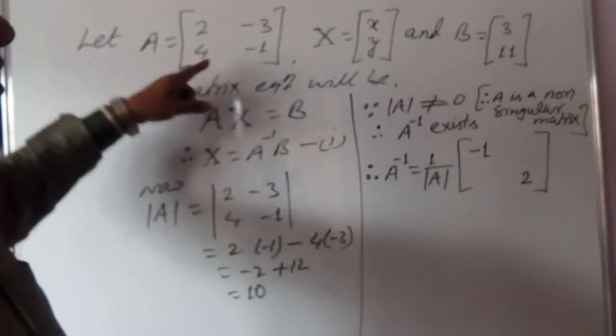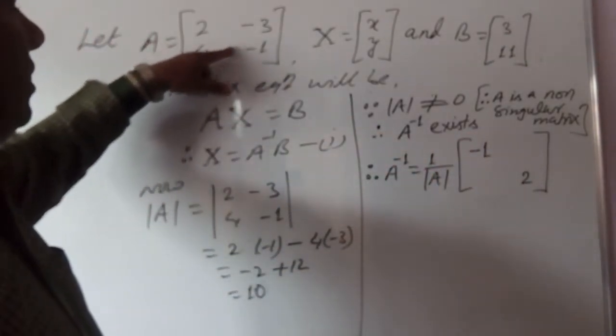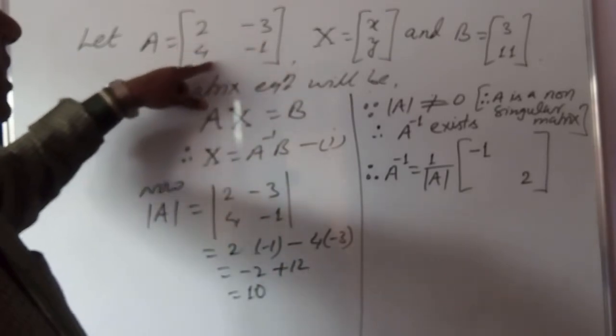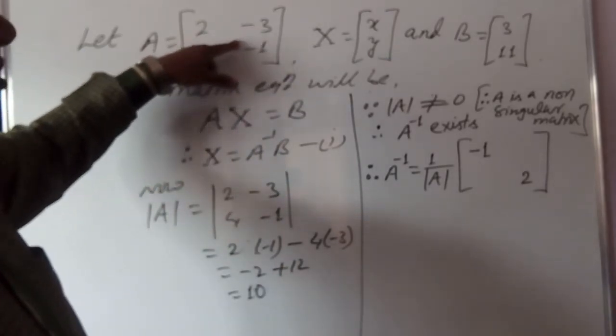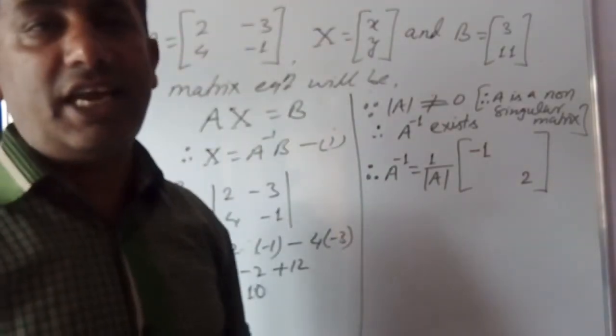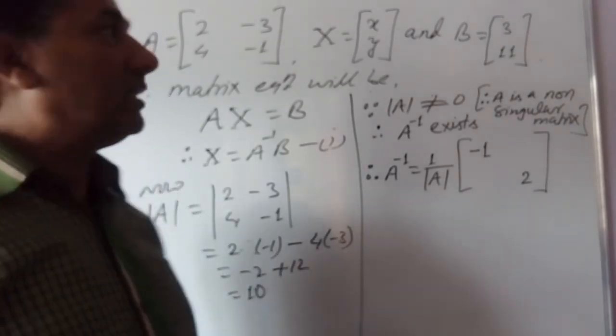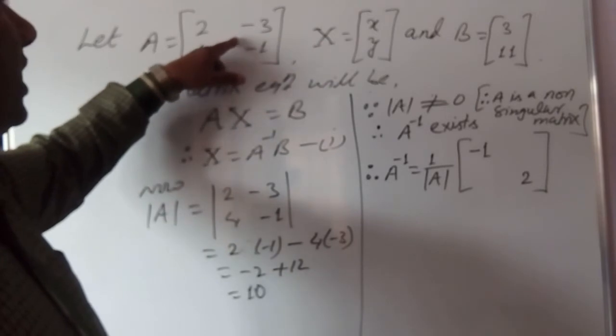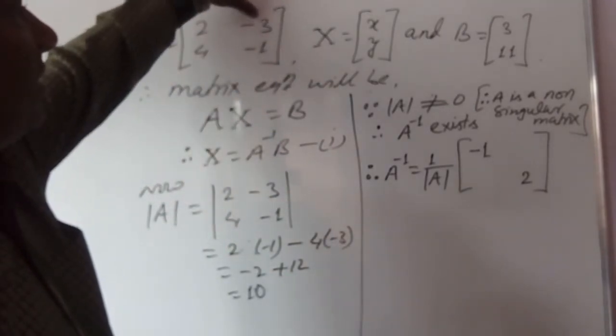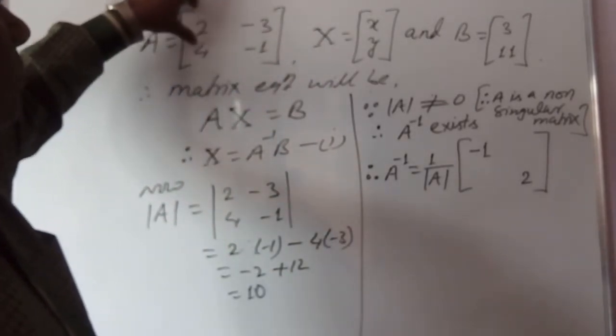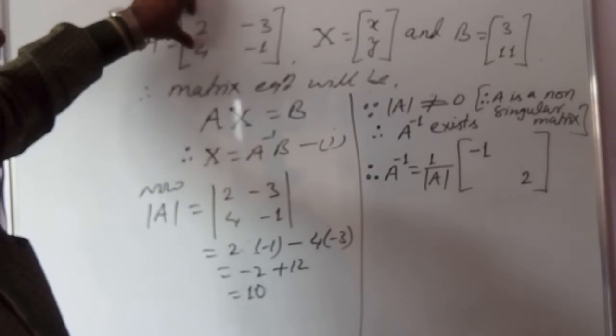Now the other one is the non-leading diagonal. In the case of the non-leading diagonal, change the sign of the elements only. This -3 will be +3. This 4, positive, will be negative, -4.